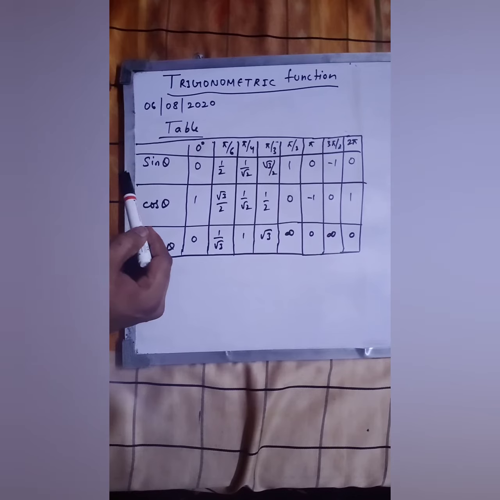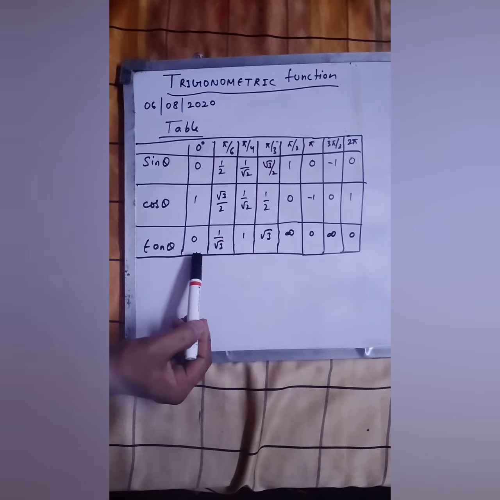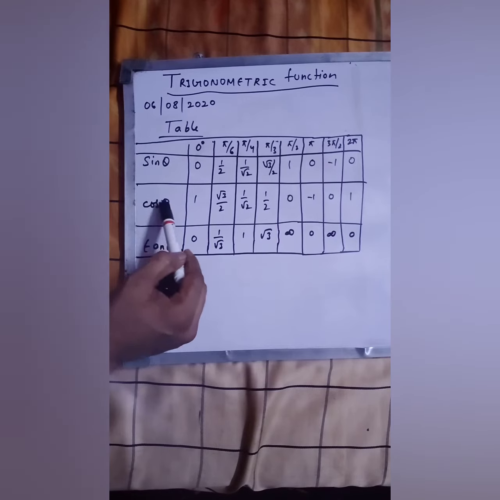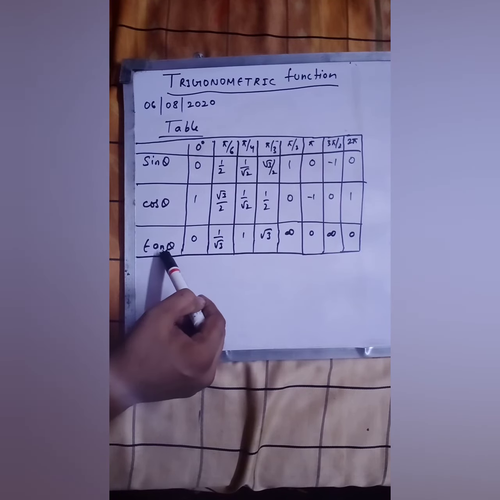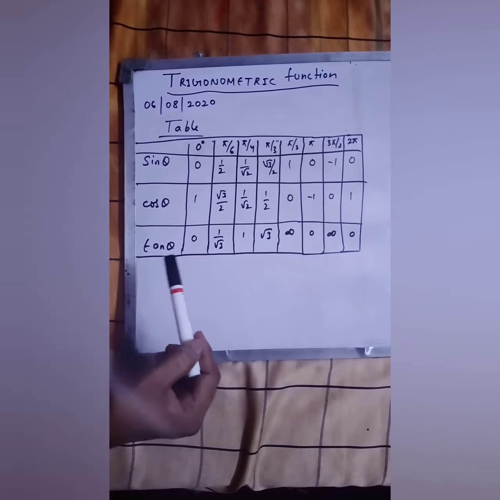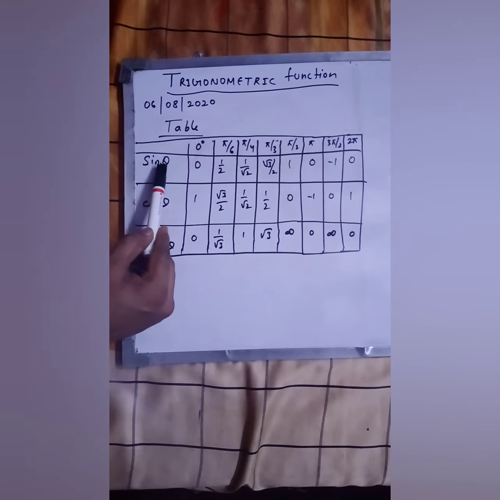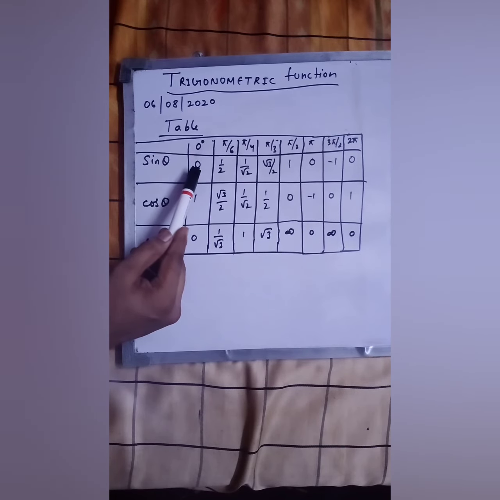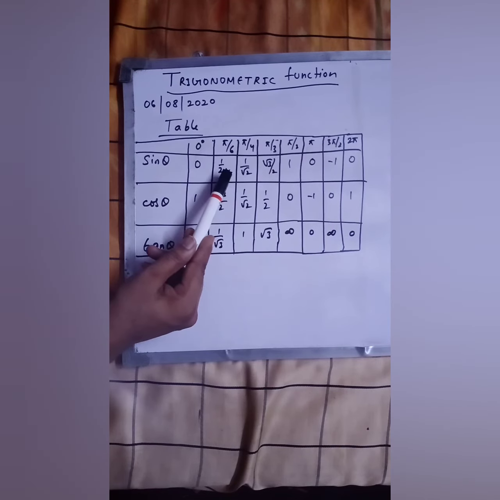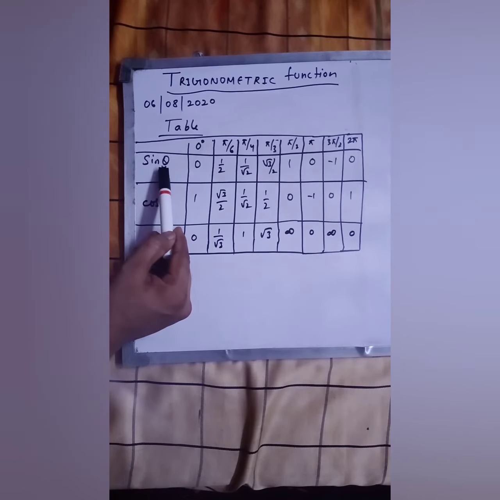now here is a table. Okay, so this is a table only of sine theta, cos theta, and tan theta. And as you know, there are 6 trigonometric functions in total. So if you have a value of sine theta, you can calculate the value of cosec theta by taking the reciprocal of each value of sine theta.